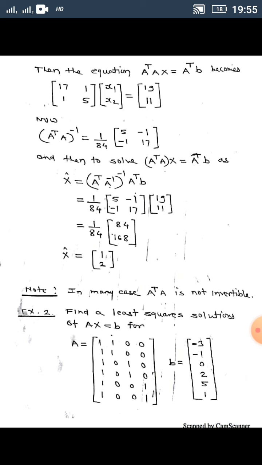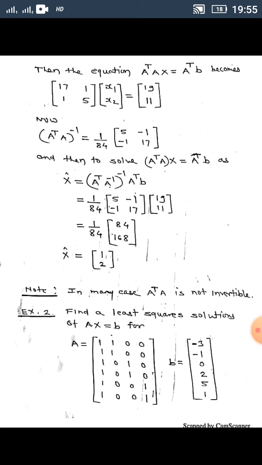And then we solve A transpose A X equals A transpose B. Now x is our ultimate target, so we bring A transpose A to this side. A transpose A is pre-multiplication to x.